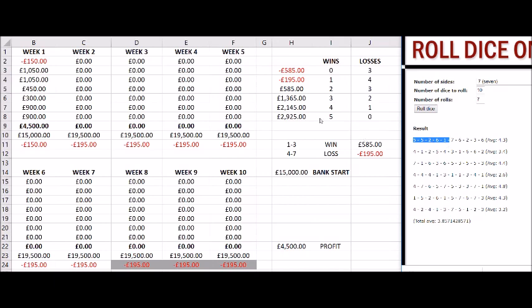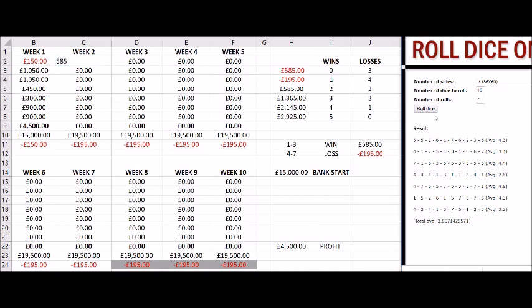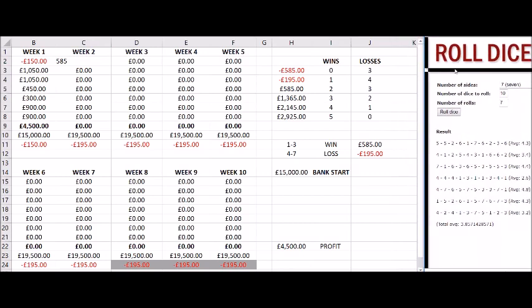So there were 2 wins there. That's a 585. Two wins, 585 again. Two wins, which is another 585.